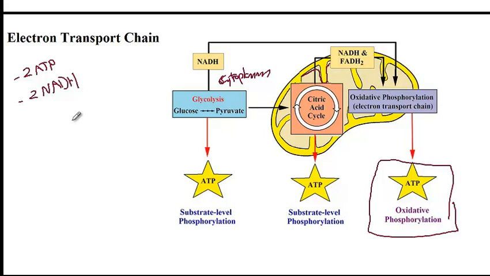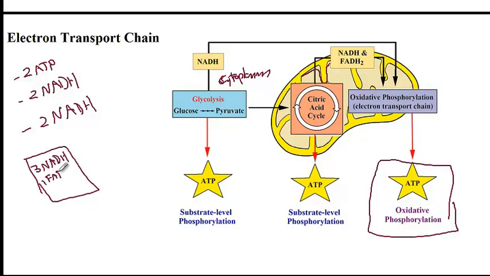Conversion of pyruvate into acetyl coenzyme A also gave us 2 NADH. And then the citric acid cycle itself gave us 3 NADH, 1 FADH2, and then 1 ATP. But since we had 2 molecules of acetyl coenzyme A, everything will be multiplied by 2.